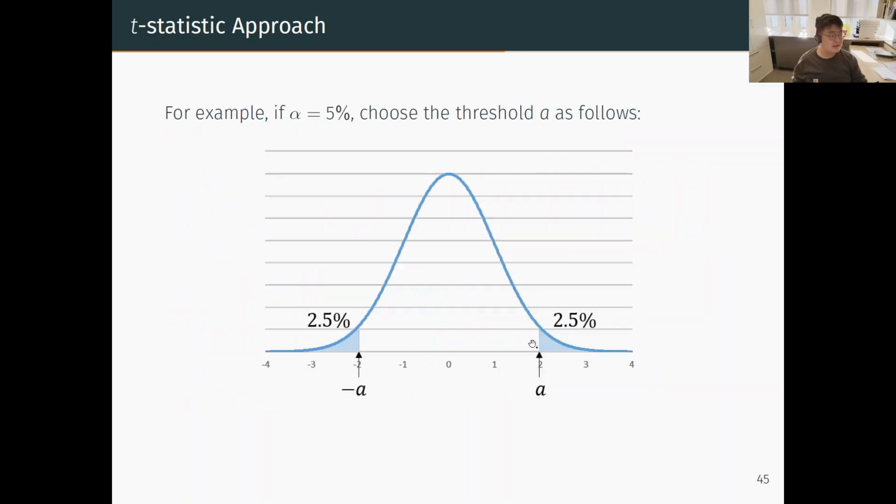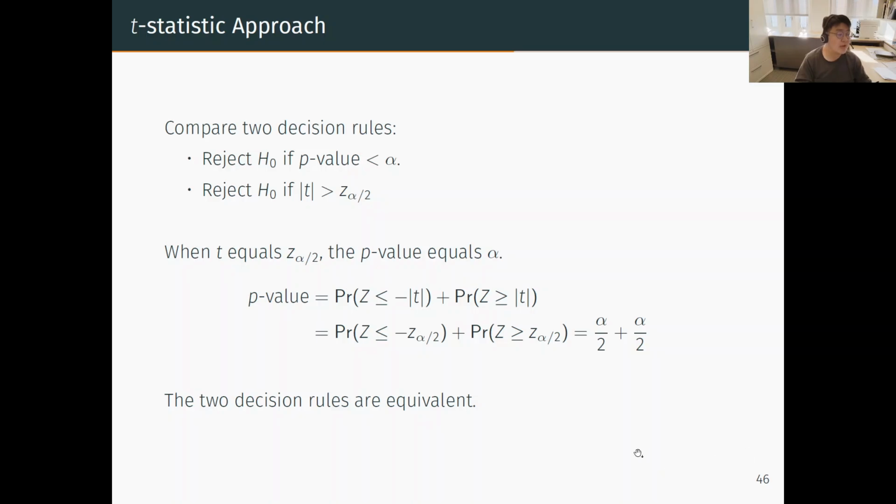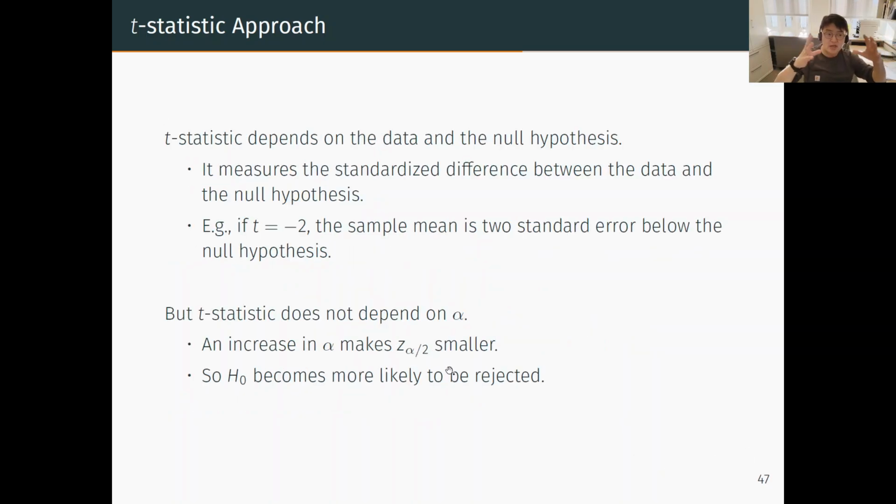In this case, as alpha increases, the tail probability will increase, so the cutoff must be closer to 0. A higher alpha means you are more willing to reject, so you do not allow much margin for the difference between the hypothesis and the data. So A, Z alpha over 2, will get closer to 0, and then you are more likely to reject the null hypothesis.